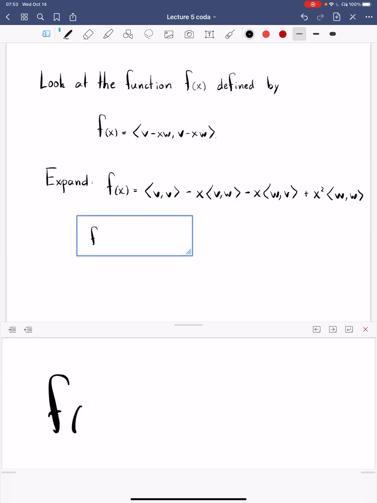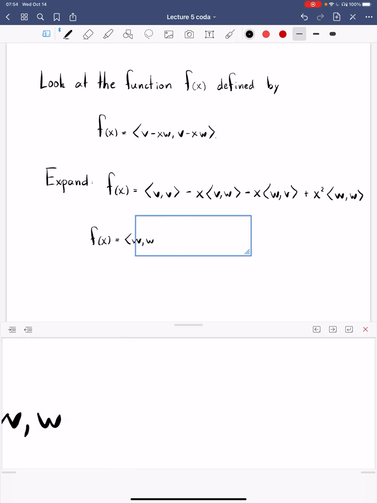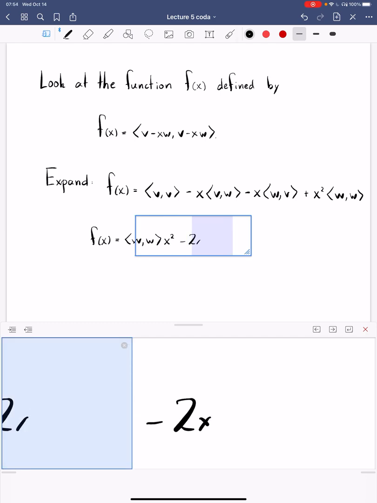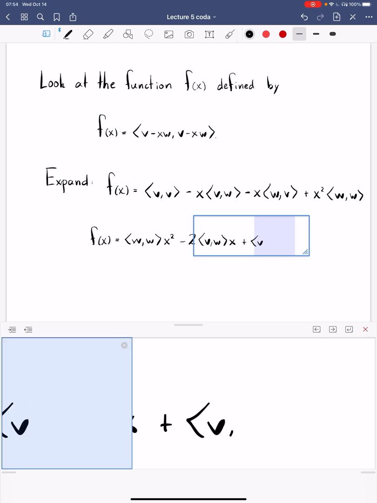Or in other words, simplifying this a little bit, f of x is equal to the scalar product of w with w times x squared, minus 2 times the inner product of v with w times x, and then finally plus the scalar product of v with v.